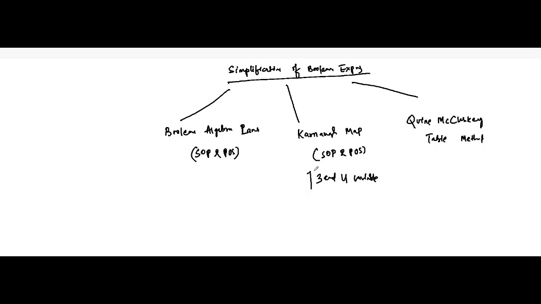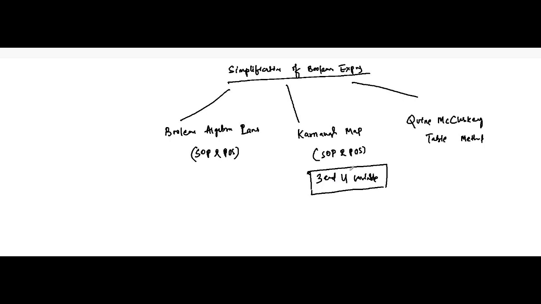For that, the K-map method is suitable. But when the number of variables is greater than 4, that is 5 variable, 6 variable, 7 variable, then it becomes very complicated, complex, time consuming to use the K-map, and the possibility of mistakes also increases. So for that purpose the Quine-McCluskey table method is used.